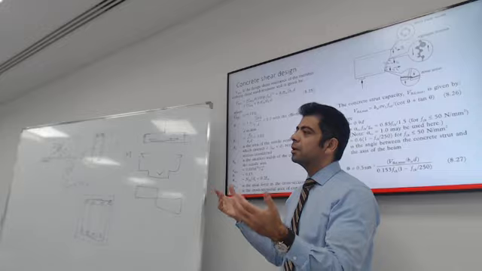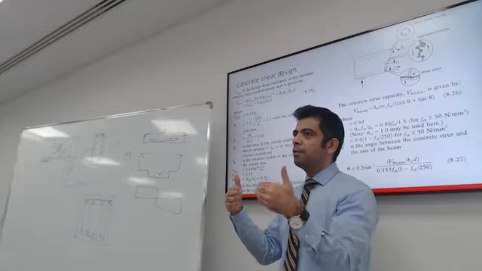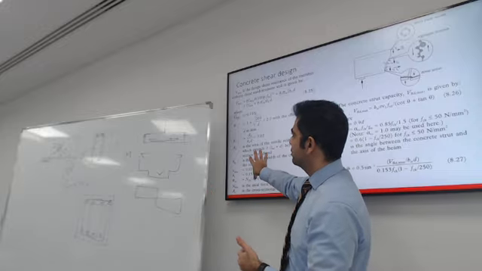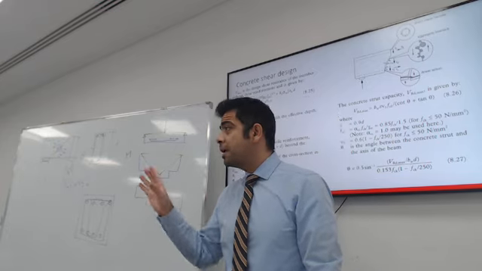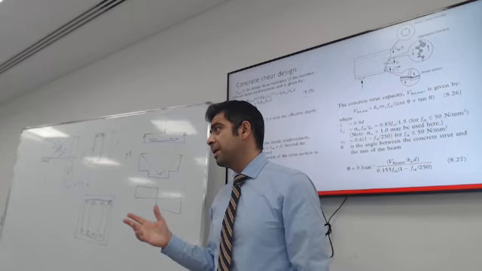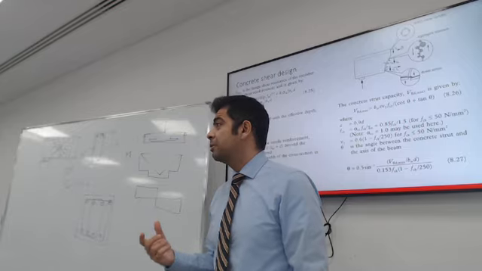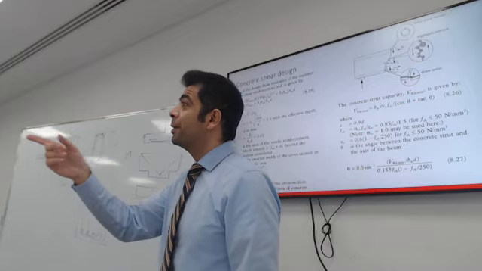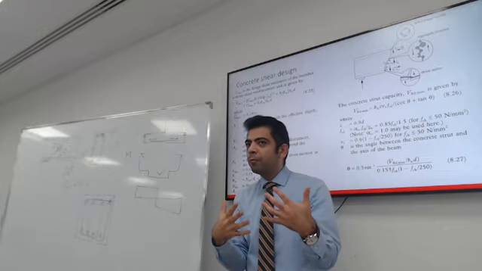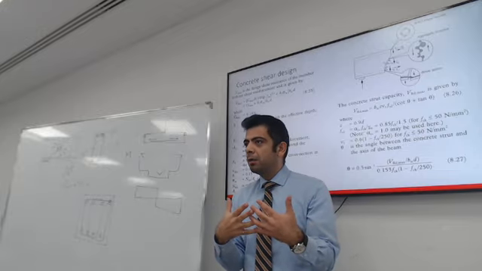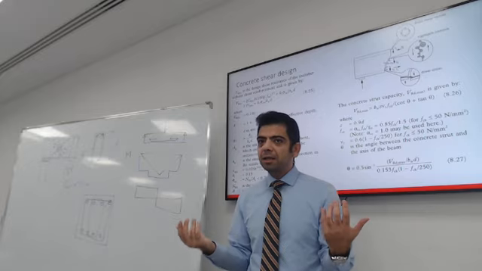Would you consider any compression on the beam to enhance the shear capacity? No. Only permanent compression. You don't want to consider compression that is just going to happen for a little bit and then will be released.